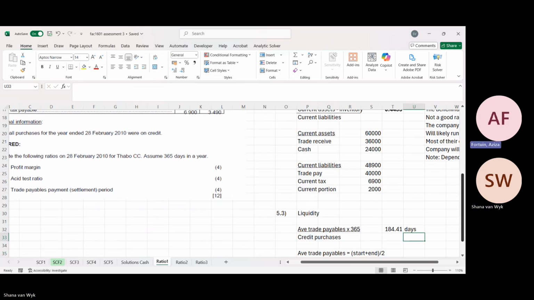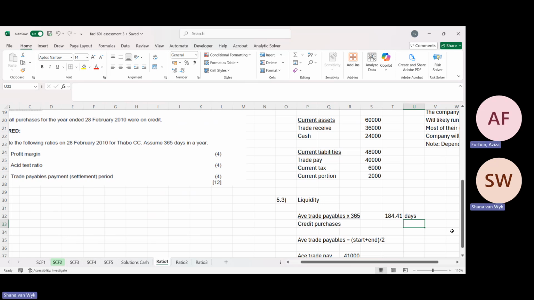So that is quite a high number. Is there a benchmark for this one, Aziza? Yes, so that 184 is approximately half a year. You can write there, this is approximately half a year.